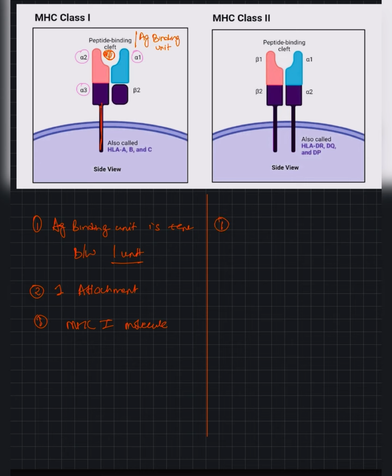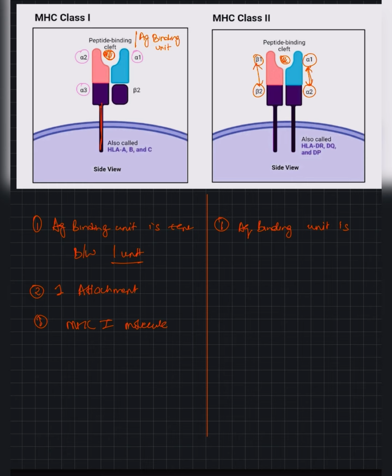Now for the MHC2 molecule, this is again the antigen binding site, or the antigen binding unit. This is the alpha unit and this is the beta unit.